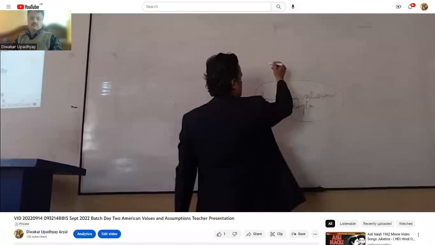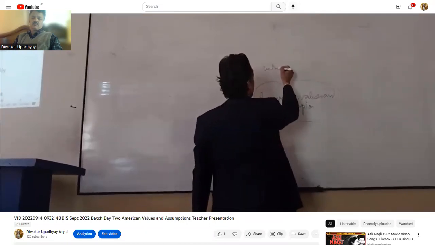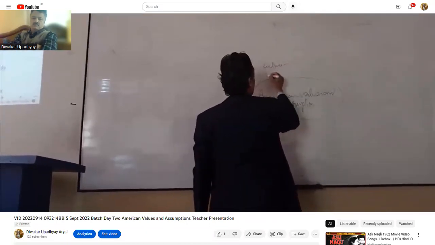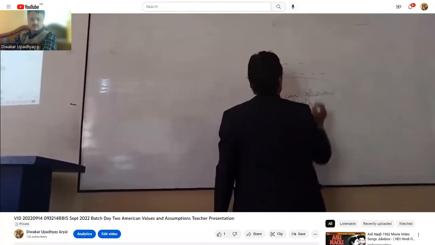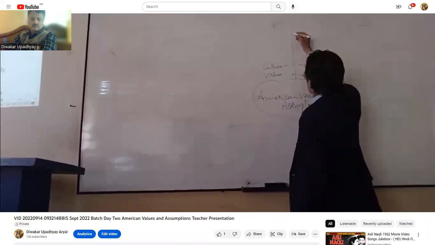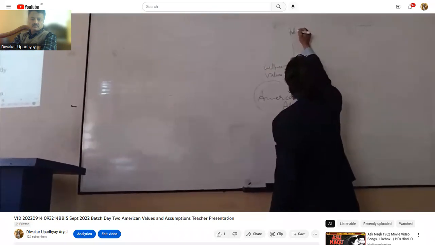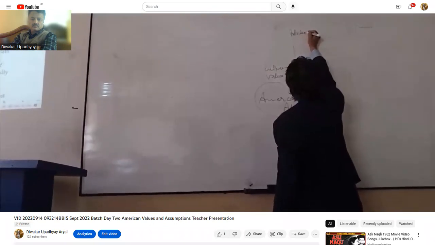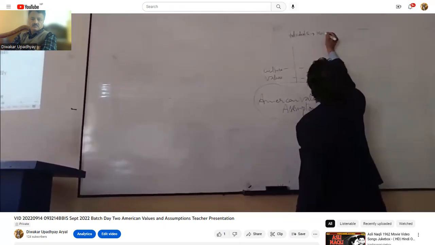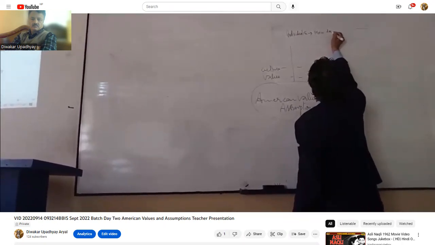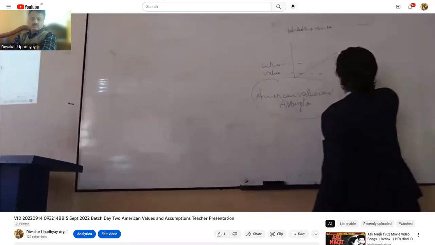Right here, concept define, value define in a sentence, and then draw an arrow and write individualism, give an arrow and write main idea, draw an arrow.